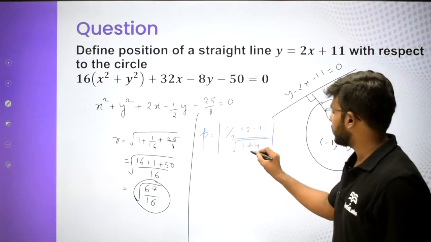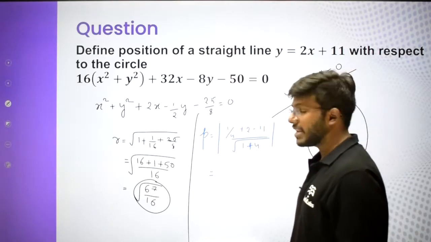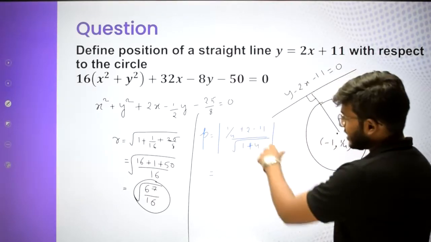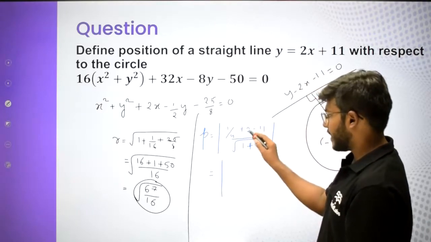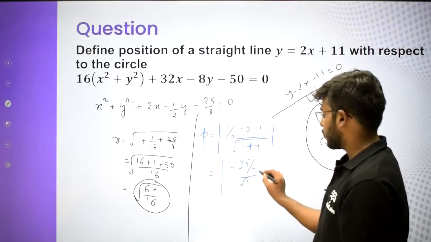This will be simply 1 plus 4. Now you can simplify it, beta: 2 minus 11 is minus 9, minus 9 plus 1 by 4 gives 1 minus 36, that is minus 35 by 4, divided by root 5.